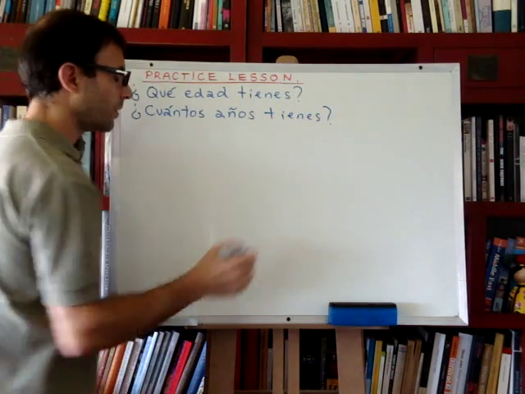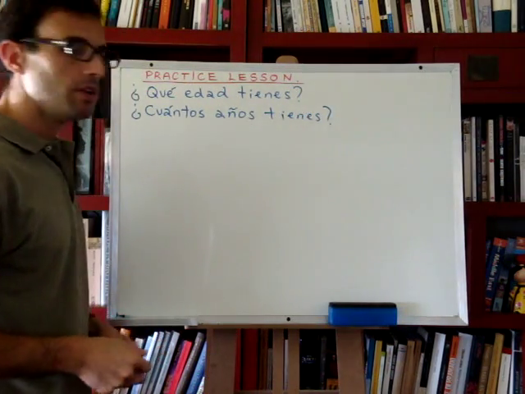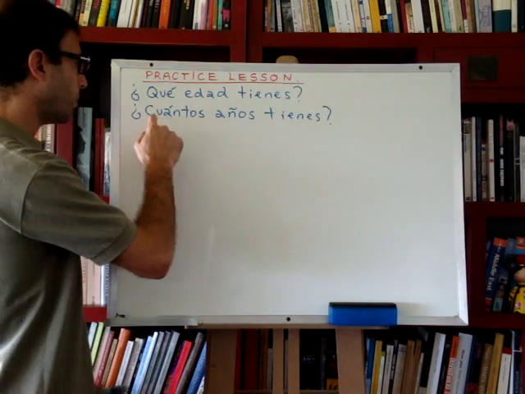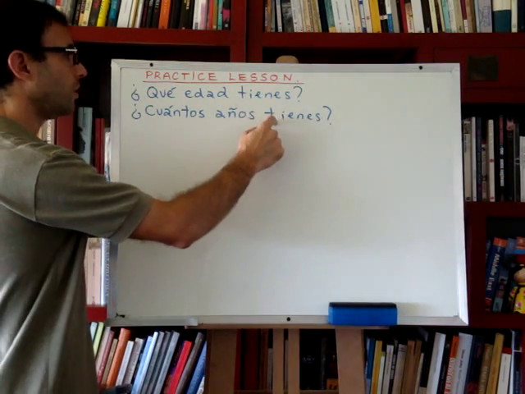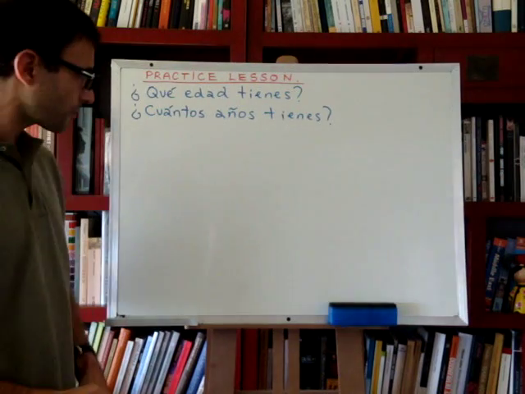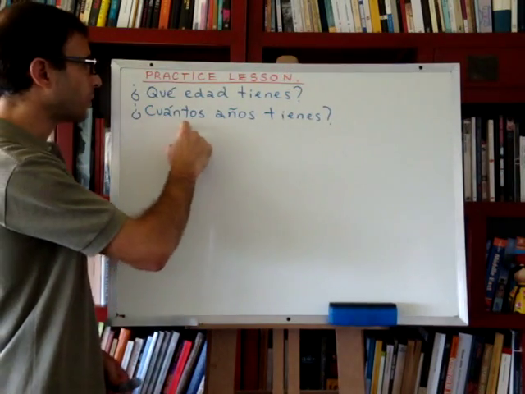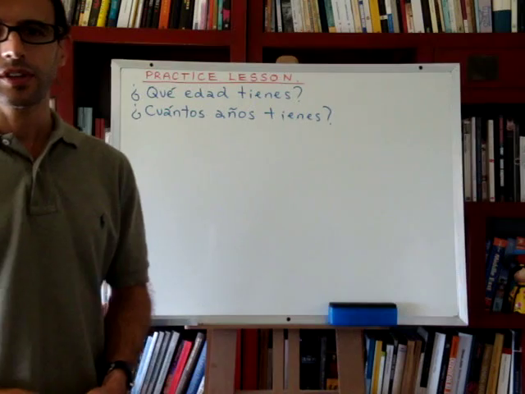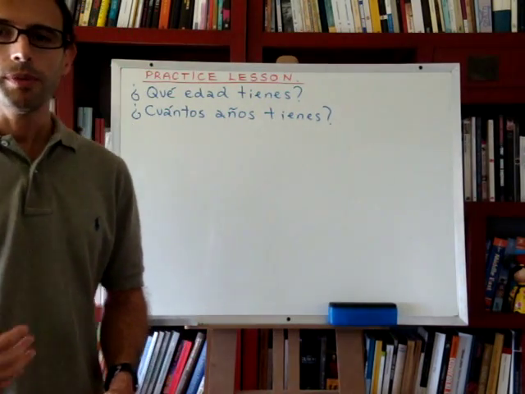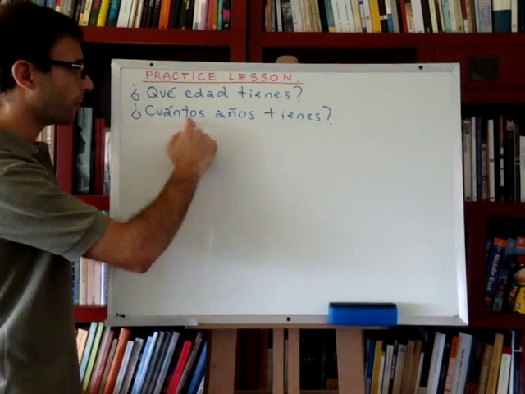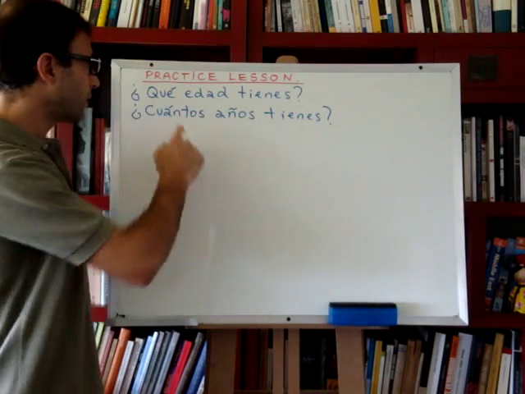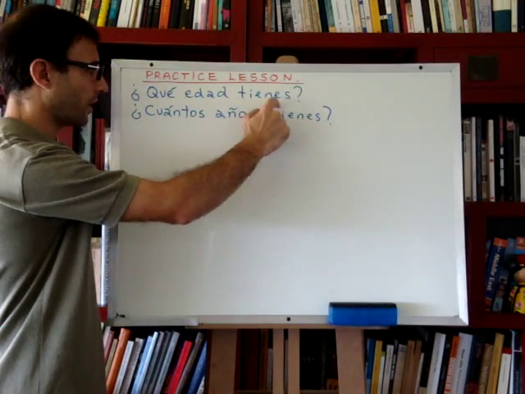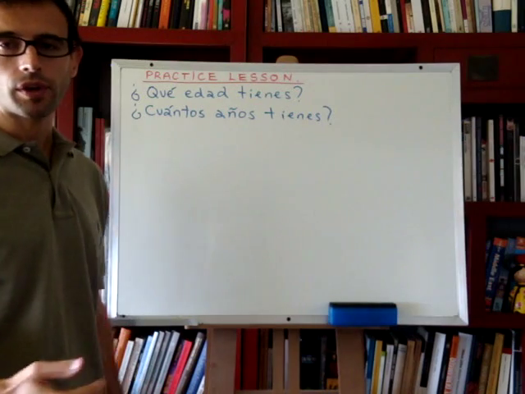Okay? This means how many years do you have? Usually, ¿cuántos años tienes? is used by young people and children. This is the more formal way of asking. ¿Qué edad tienes? What's your age, okay?